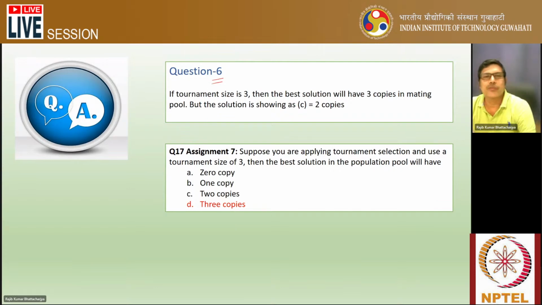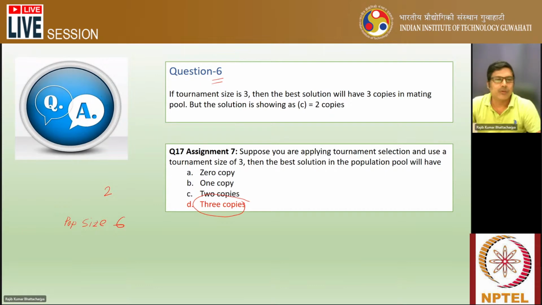Question number 6: if the tournament size is 2, then the best solution will have 2 copies. If you have a tournament size of 2, I have given an example. Suppose my population size is 6.